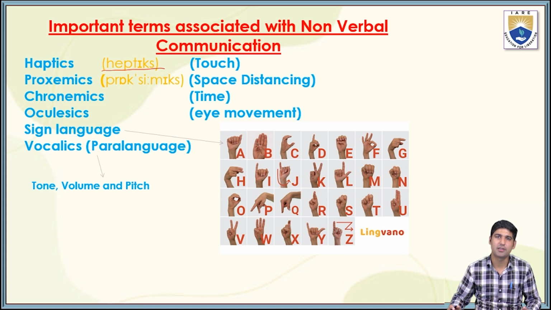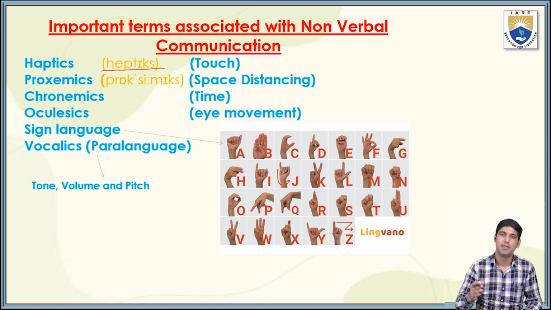We are communicating different things by touch. Sometimes we push someone back. We show our anger. So this communication of touch conveys a lot of meanings. A gentle touch on somebody's shoulder shows that we are happy with that person.